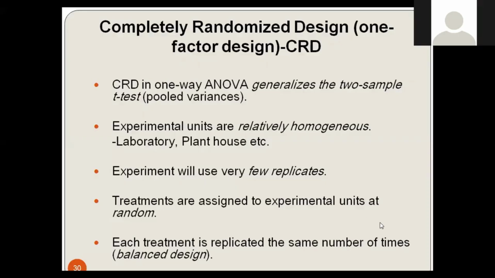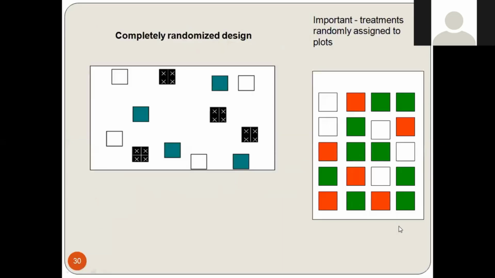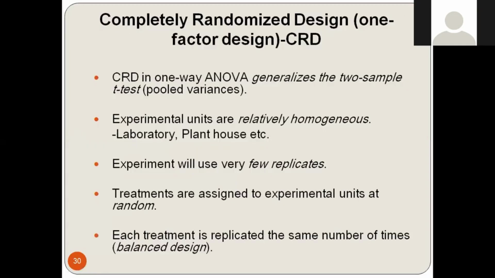Okay, we will continue. Completely randomized design. These are some of the conditions for completely randomized designs. Balanced design: you don't always need to have a balanced design. You can have unbalanced also.